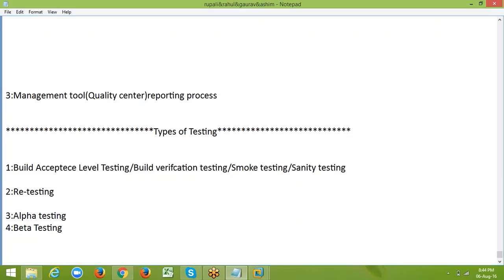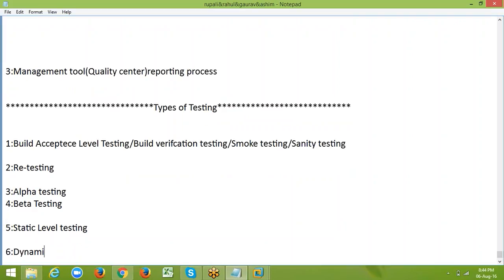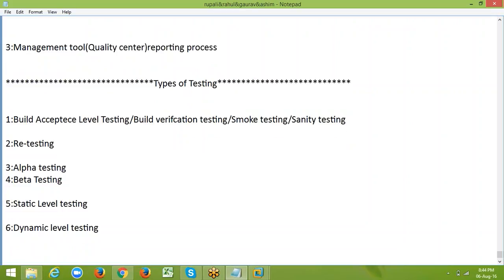Next, static and dynamic level. We already discussed static level testing and dynamic level testing. So guys, can you please let me know what is static level testing, what is dynamic level testing? What is static and what is dynamic?